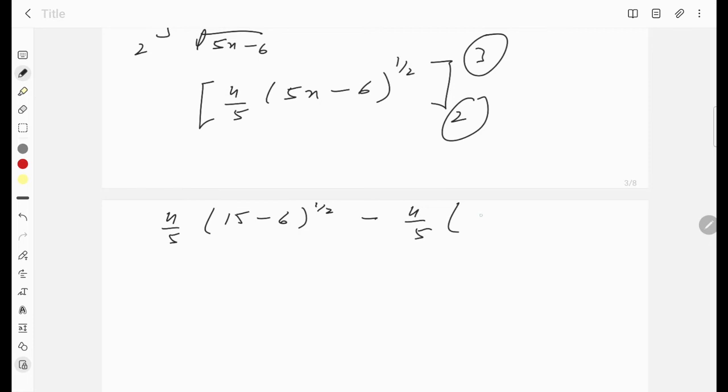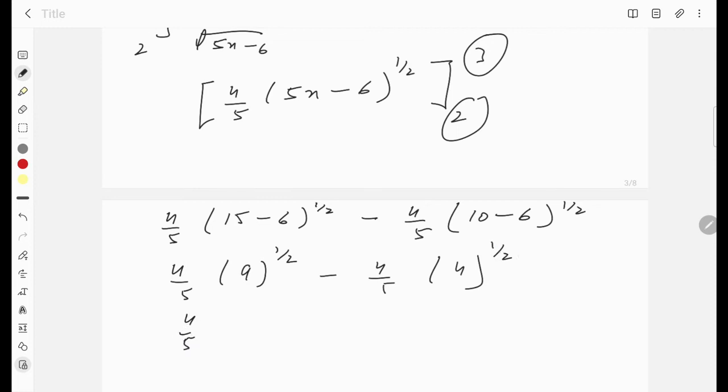So 5 into 2 will become 10, and this will be 9 raised to the power half. You can use your calculator. 9 raised to the power half is 3. 4 raised to the power half is 2.